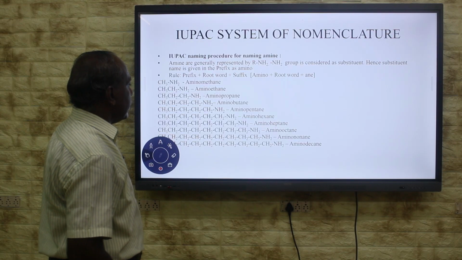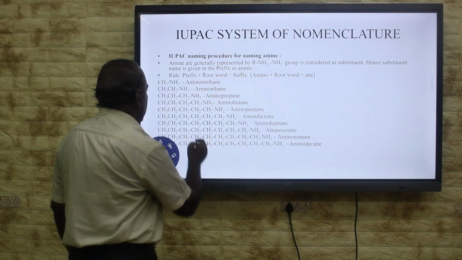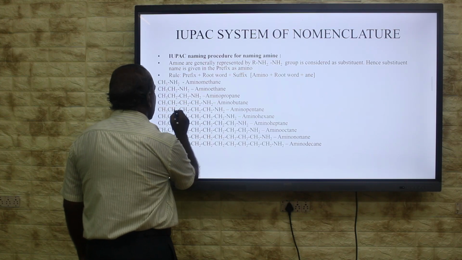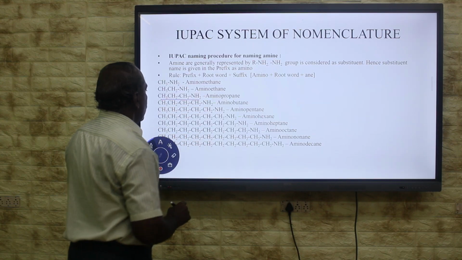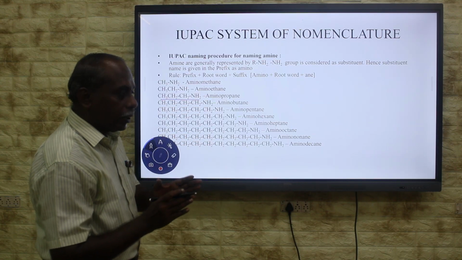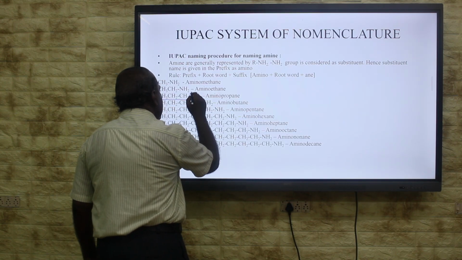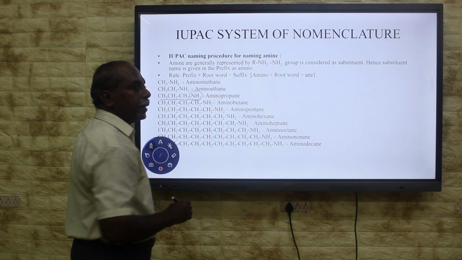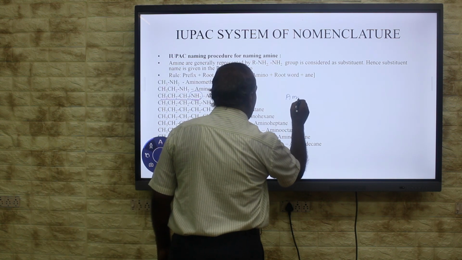Then for amine, the same procedure will be adopted. Here, for this compound, when you see the structural formula, first you analyze which category it belongs to. It is a substituent. Its name should be written as amino.